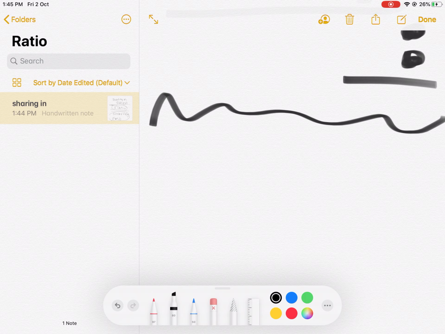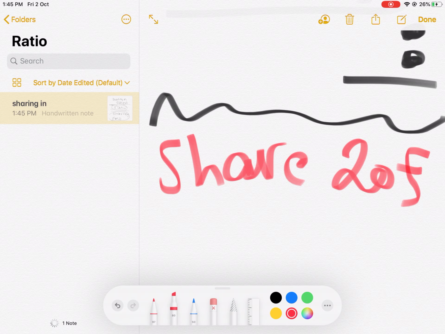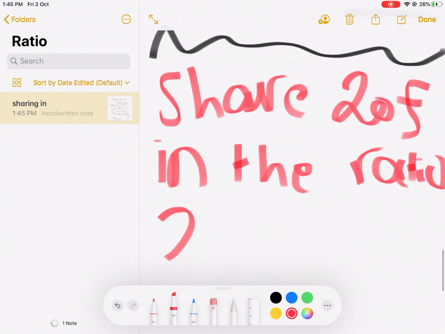So if we wrote, let me write it in red, share $20 in the ratio, what is the simple ratio again, out of 3.